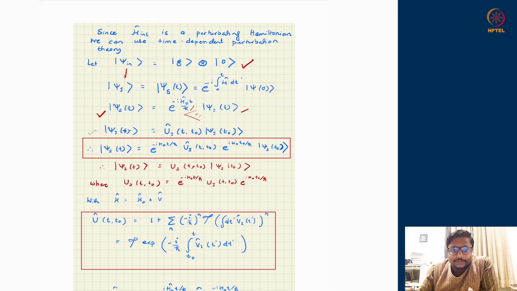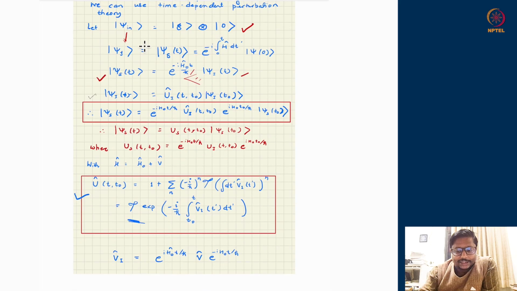We had known previously that this time evolution operator is written as a time ordered exponential of V I, the interaction potential, which is equivalent to H interaction in the interaction picture for us.